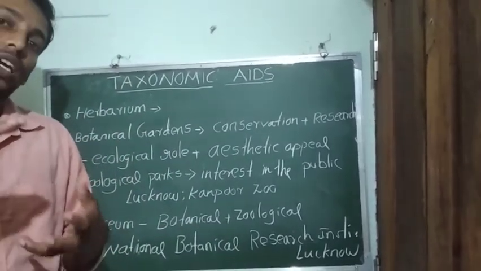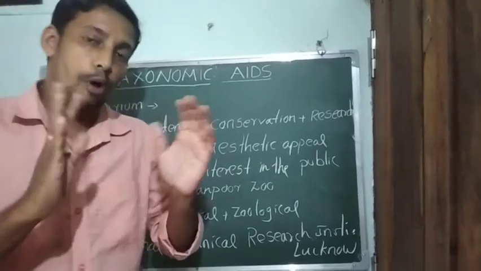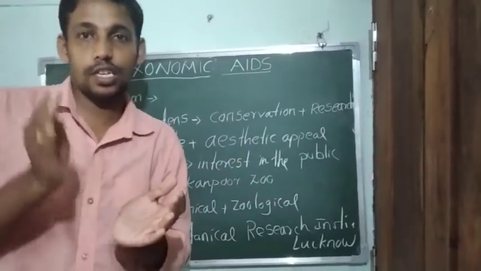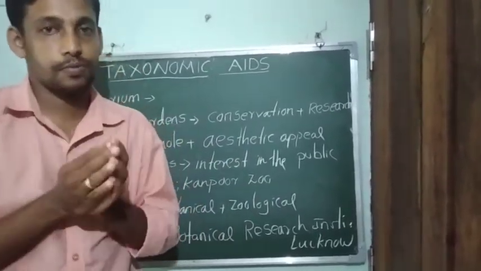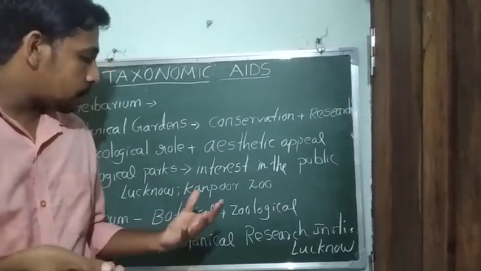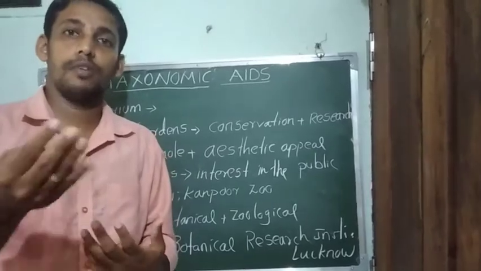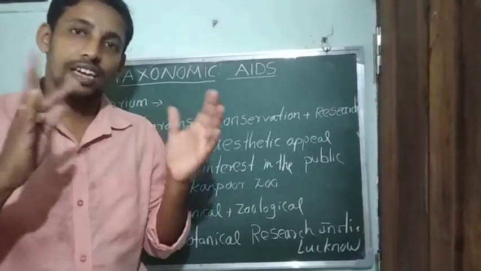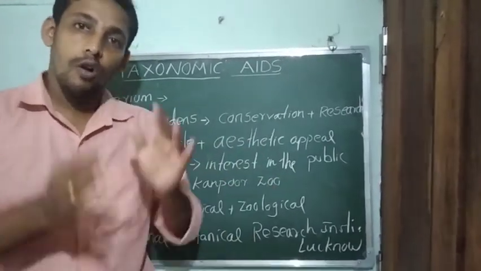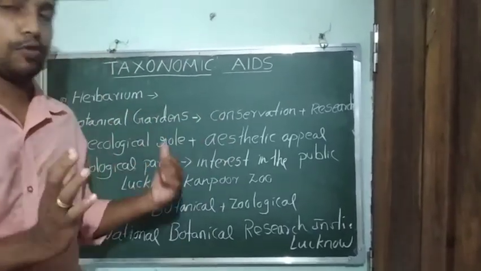Insects can be preserved in the insect box. Then there are remains of organisms, for example fossils or the skeletons of some organisms. All this can be seen in the museum.